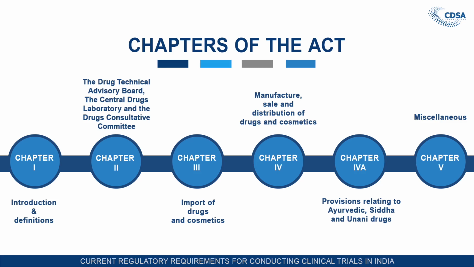Chapter 4 is related to the standard of misbranded, adulterated, spurious drug, and this chapter is for the manufacturing. The previous chapter is for the import and this chapter is for the manufacture, sale and distribution of drug and cosmetic.